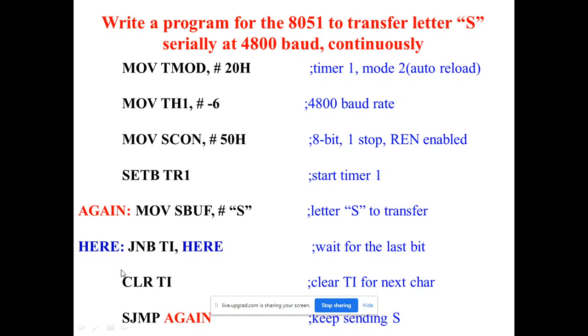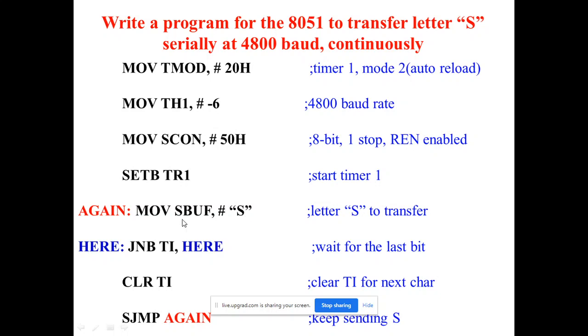Once I come out of that loop, my role is to clear the TI flag, meaning ready for the next transmission. In my problem statement, I want to send the same character again, S after S, and that's why I clear TI and then jump again.